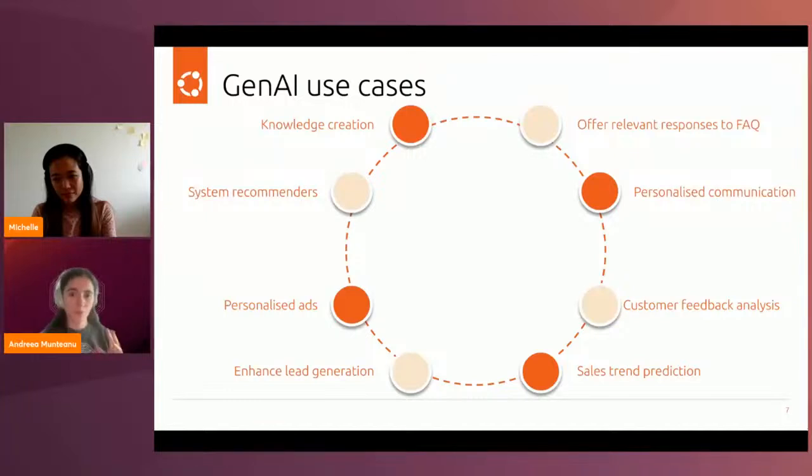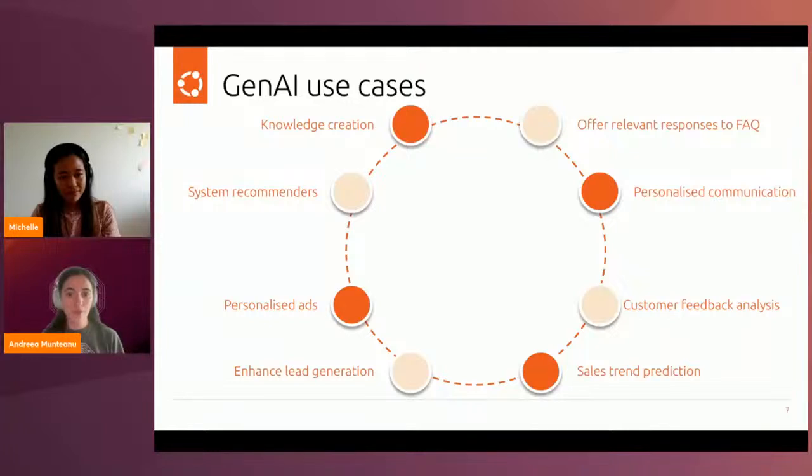But now, if we look at the use cases, they really go far beyond chatbots. They are the most common ones, the ones that people are familiar with. But we can go beyond generating text for knowledge base creation if we think of support departments, or personalizing ads if we think of marketing, getting some social text as well.